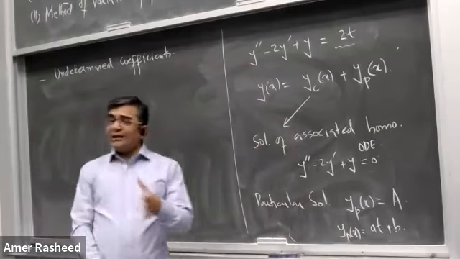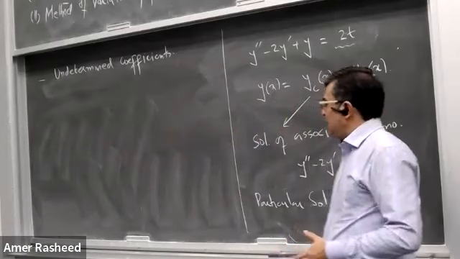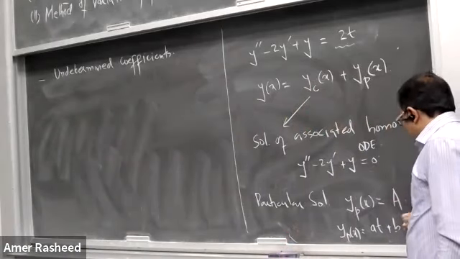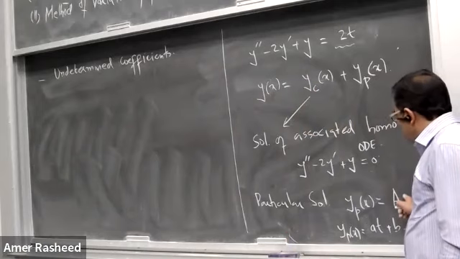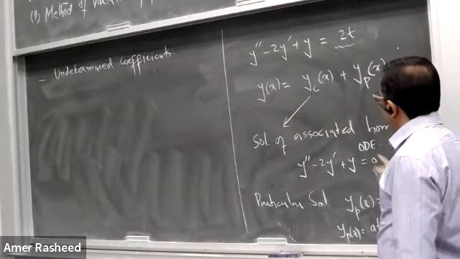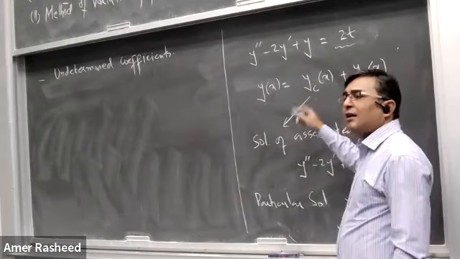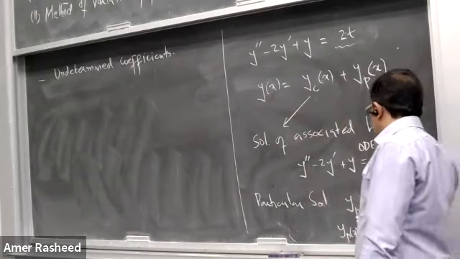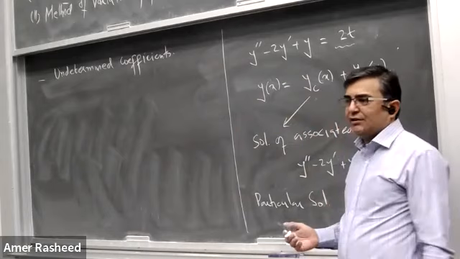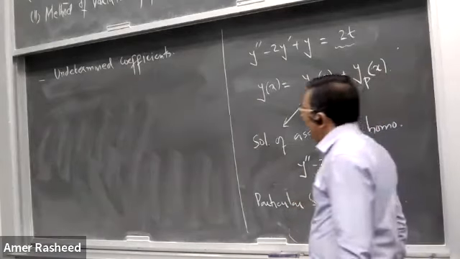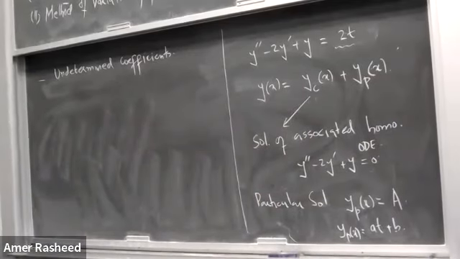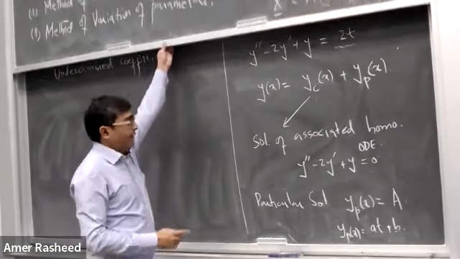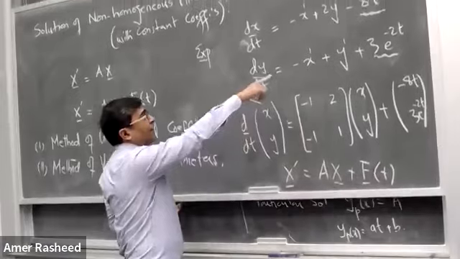There was a glitch in the method as well: if our assumed particular solution also has a term which appears in the complementary solution, we had to modify our assumption. Now, the same things apply for systems of differential equations as well. Now, I wrote here first this system.